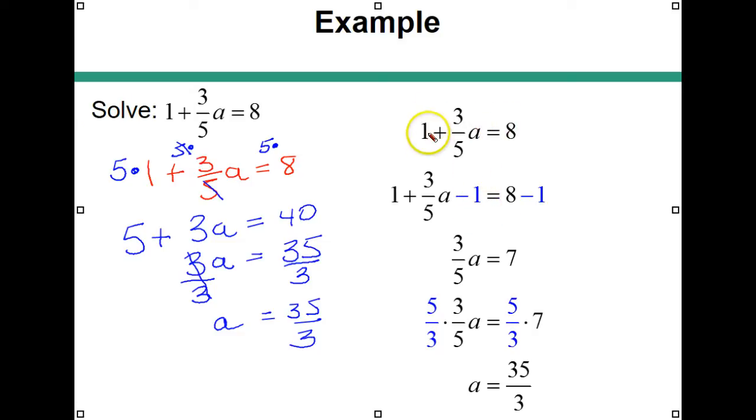Now, they did it another way. They took the 1 and subtracted 1 from both sides, got a 7. Then they used the reciprocal of the coefficient of a, which is 5/3. And they show that here.